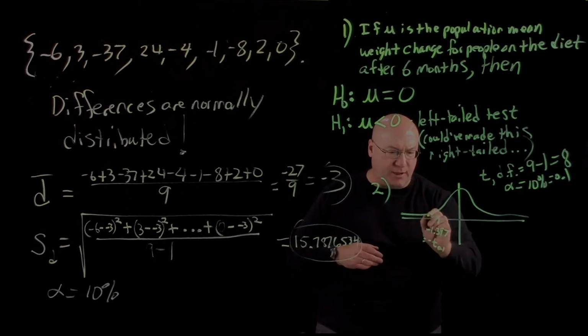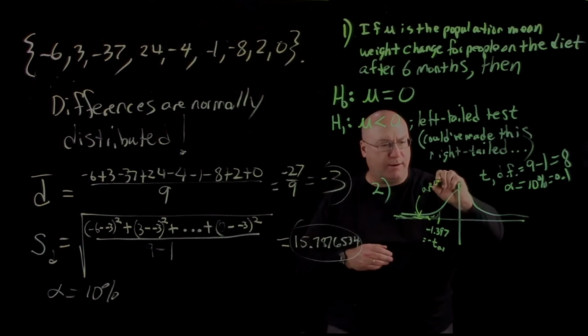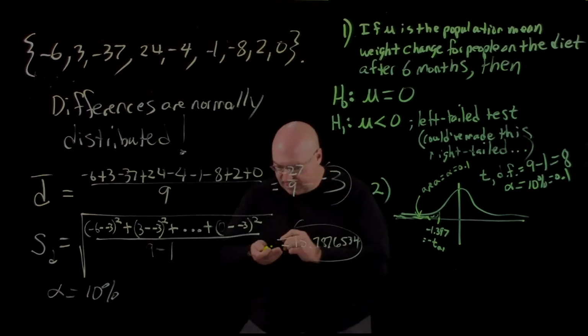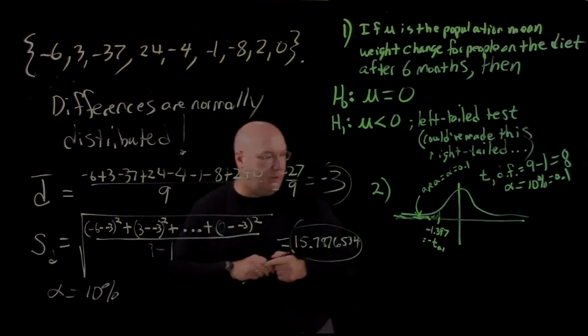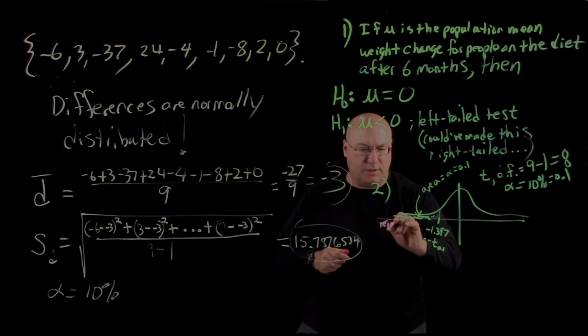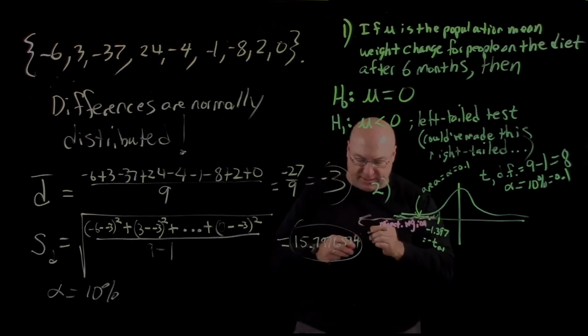This is negative t sub 0.1. And so that means that all this area here, area equals alpha equals 0.1, right? And back here then, all this is the rejection region. You can read that, all this along that line there, right?